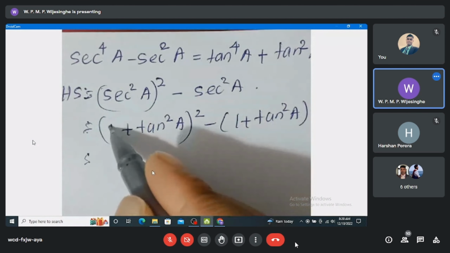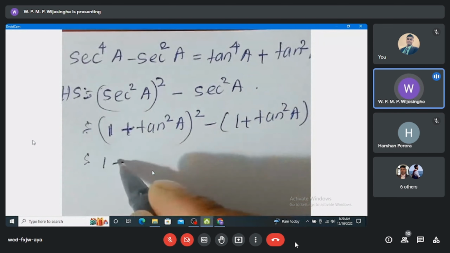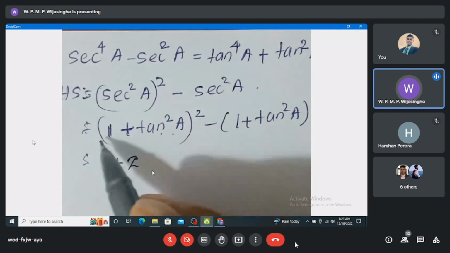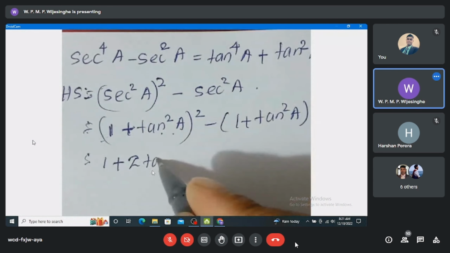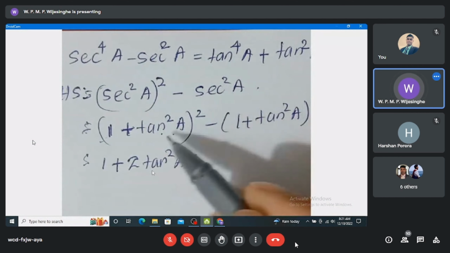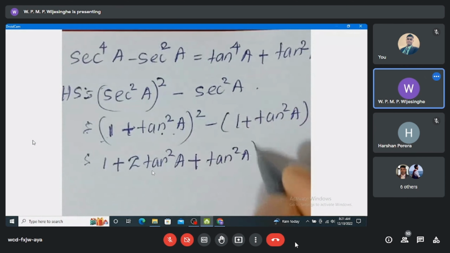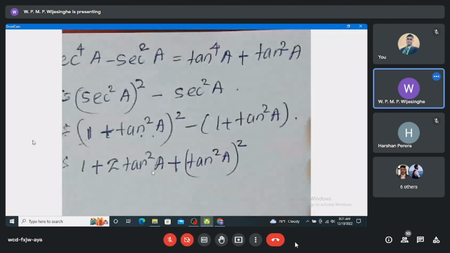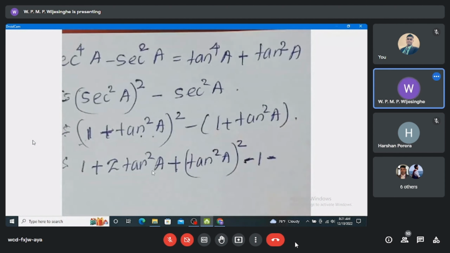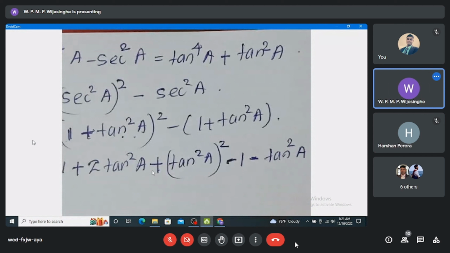It is square of the first term, plus 2 times the multiplication of these two terms, 1 times tan square A, definitely here plus, and tan square A squared. Remove the bracket. Minus plus minus 1. Minus plus minus tan square A. Right?